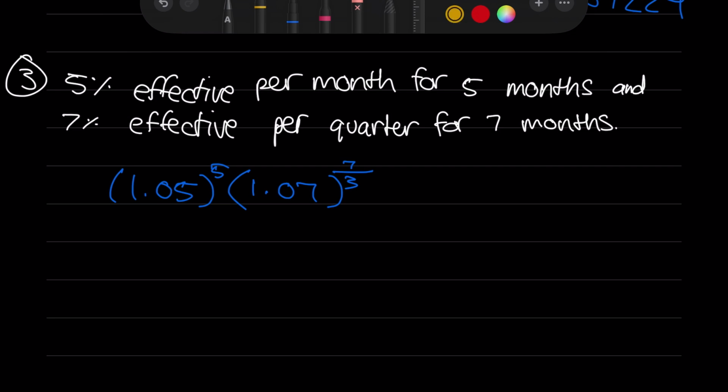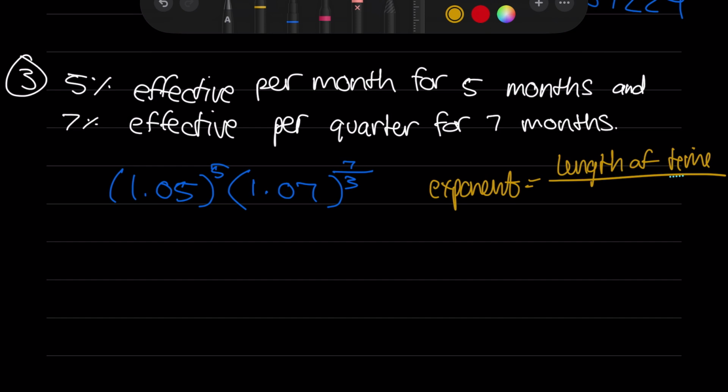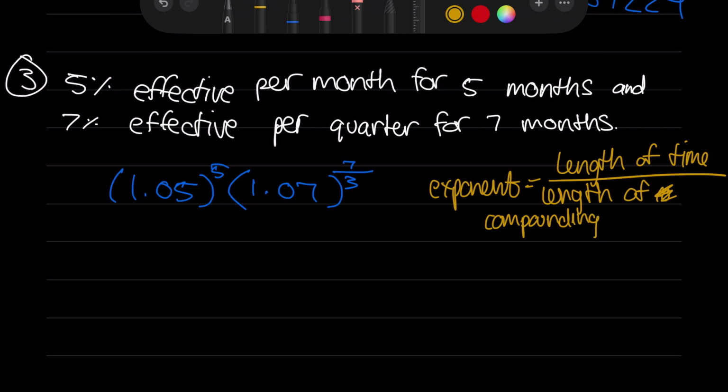Let me make a note here: the exponent is the number of compounding periods in that time interval. So it's the length of time, which is 7, over the length of the compounding period, which is 3 months, because a quarter of a year is 3 months, right?